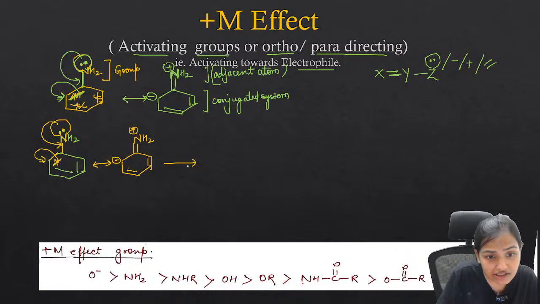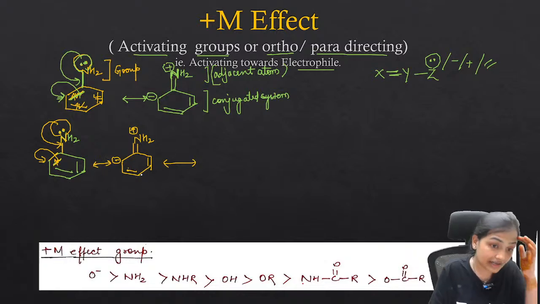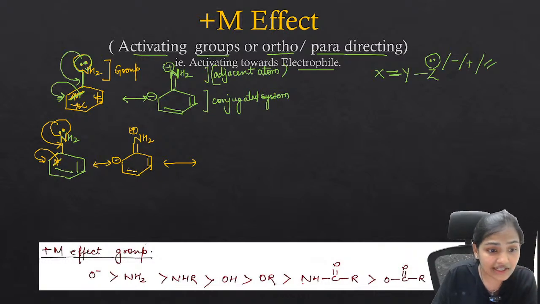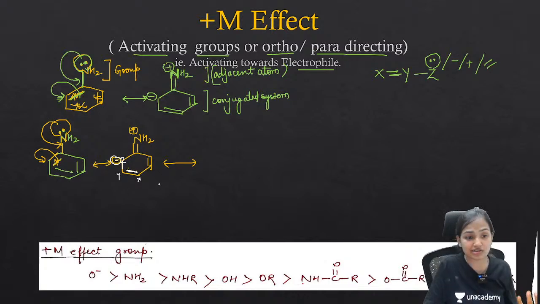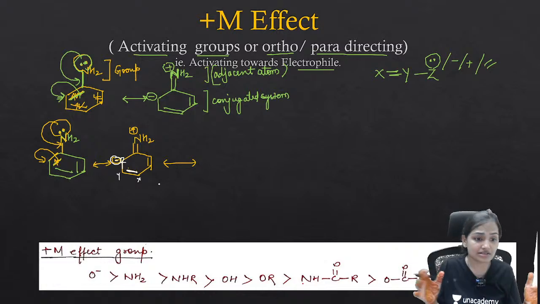Now again, this is not yet over. Again, what we can do is, here we can see that this negative charge and this pi bond are again in a conjugated system. So let's say this is my X, this is double bond, Y single bond Z. So again they are forming an XYZ system, and for resonance to occur, the XYZ system is necessary.